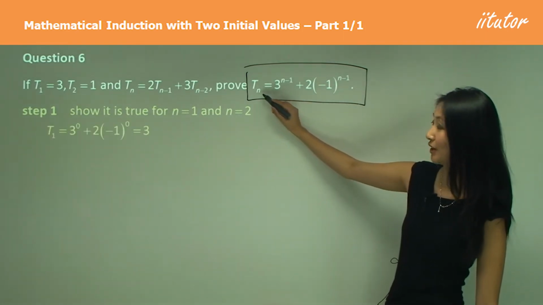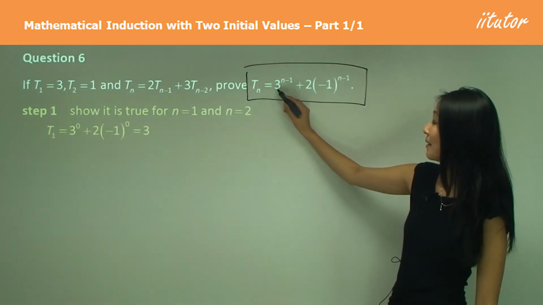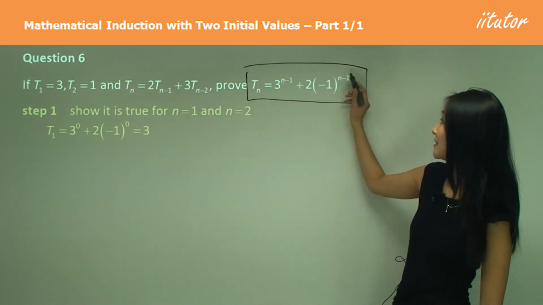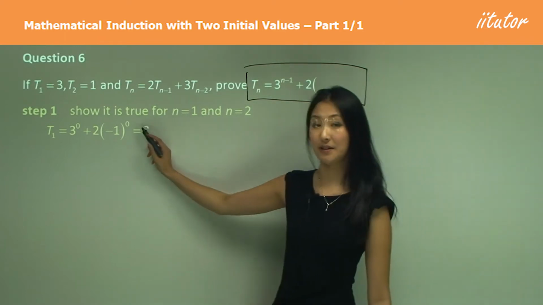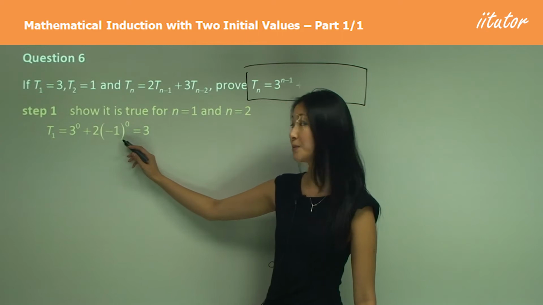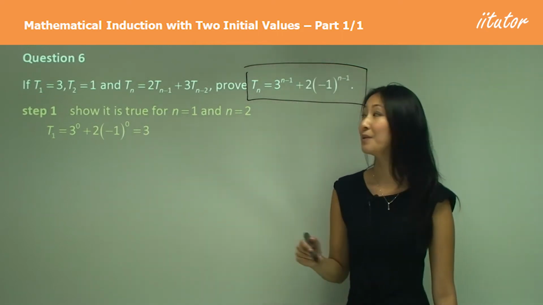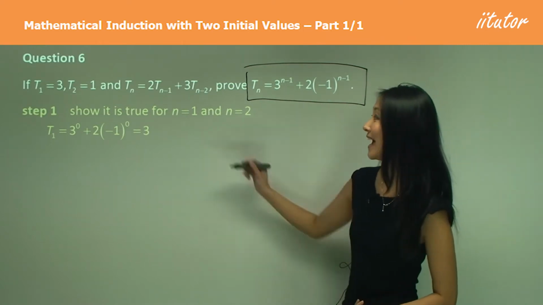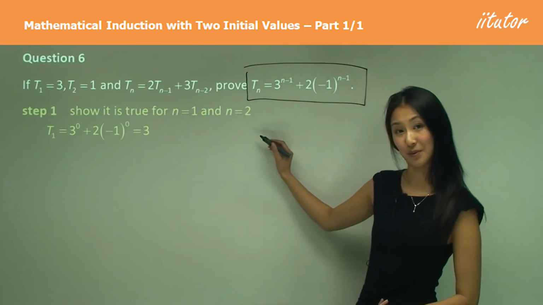So we just substitute in T1, and that becomes 3 to the power of 1 minus 1, which is 0, and this is 1 minus 1, which gives you 0 as well. So essentially you have 1 plus 2 times 1, which equals 3, which does equal what the initial value is said to be. So you can say that therefore this is true for n equals 1.